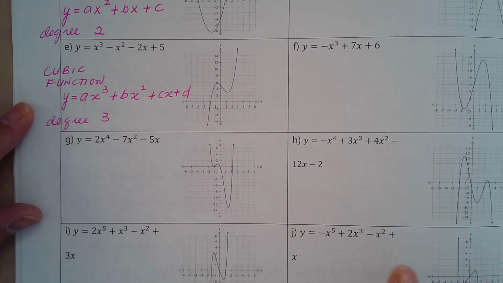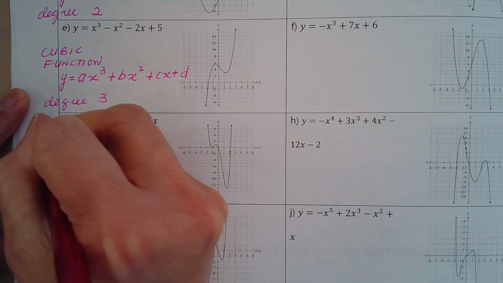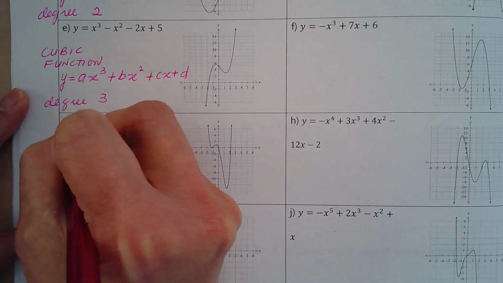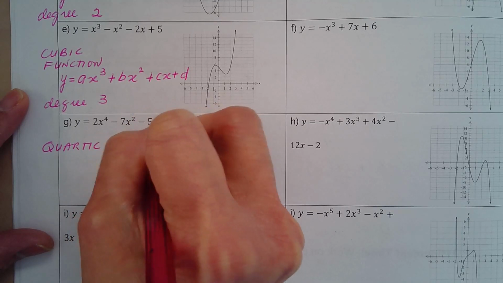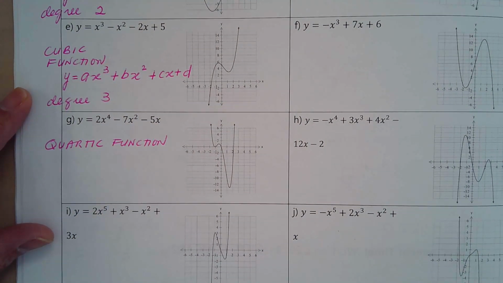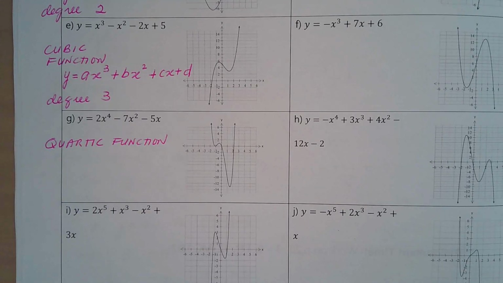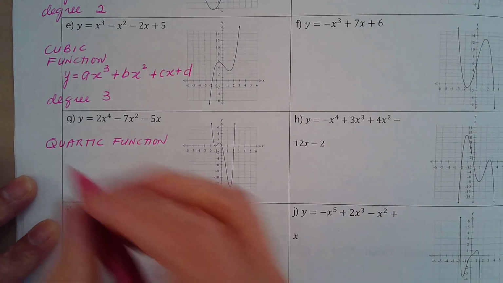Now, what's this one? This is called a quartic function. Okay, so quartic. It sounds like a quarter, right? When we say quarter, it means 4 parts, or quart means 4. What's the general form of that?